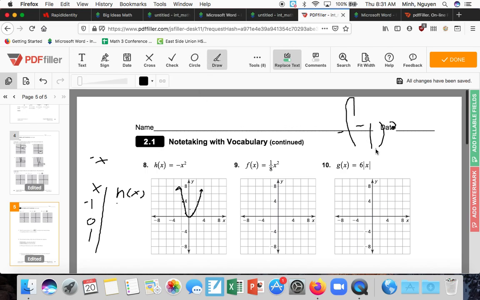So we'll do the -1 squared first. -1 times -1 is +1. So I have a negative outside the parentheses of a +1, which is -1. And then 0 is just going to end up being 0. And then 1 is going to end up being the same. It's -1.